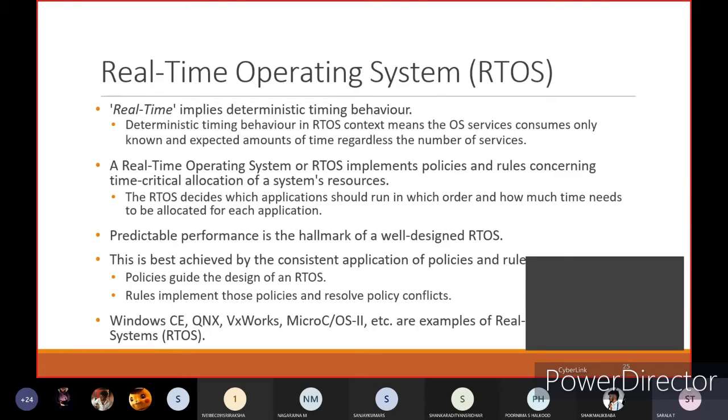That is a real time operating system. If you have hundreds of programs, each and every program has to execute in its own given real time.